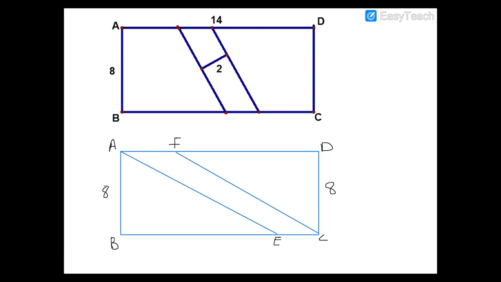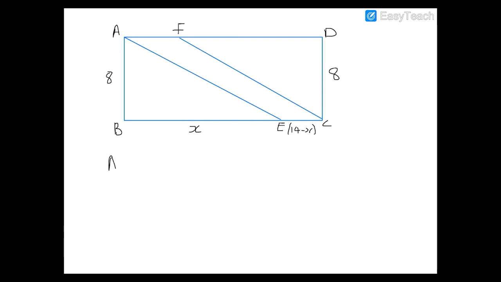Okay, so we know that BC here is equal to 14. So I'm going to say BE is x. That means EC there is 14 minus x. Now let's use Pythagoras to find the length of AE.